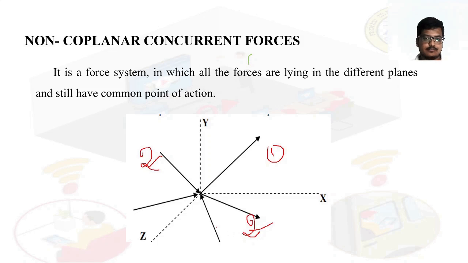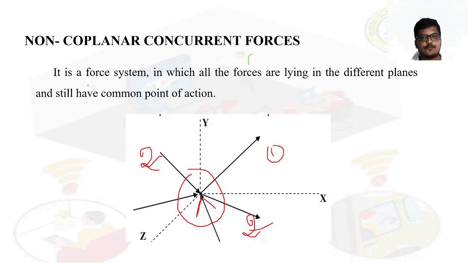Their line of action may not be the same, meaning their direction may not be the same, but they are meeting at a point, correct? So it is a force system in which all the forces are lying in different planes but still have a common point of action, is called as what?